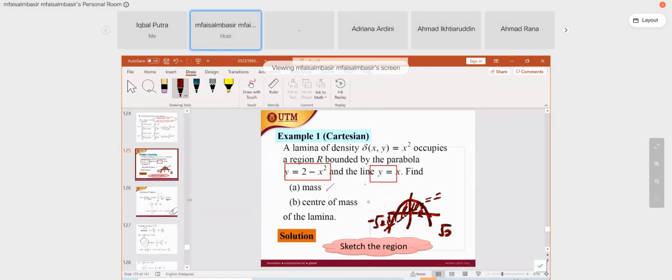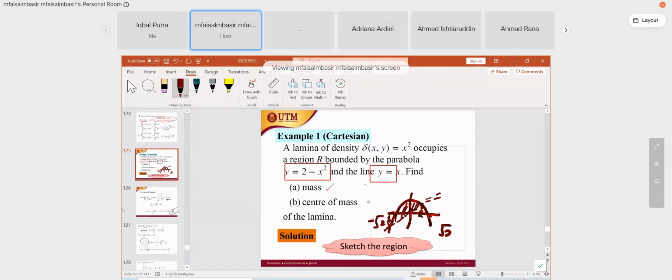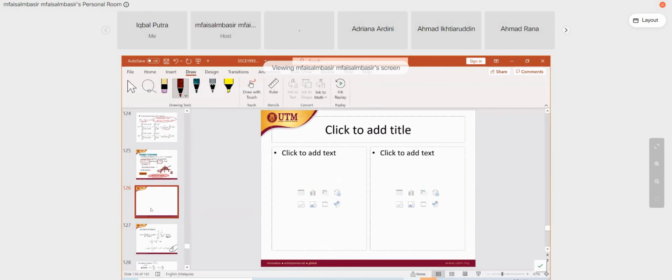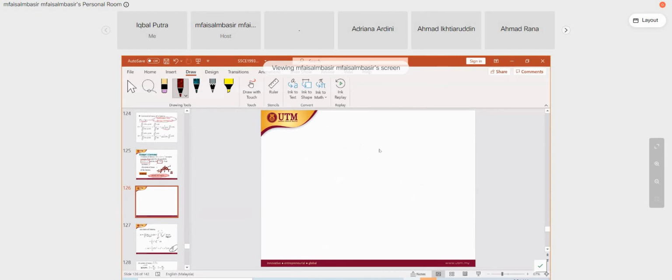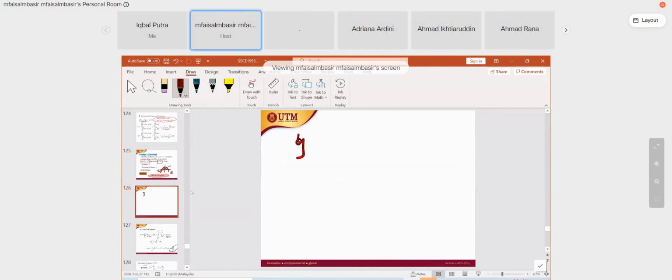So y equals 2 minus x squared, and y equals x.